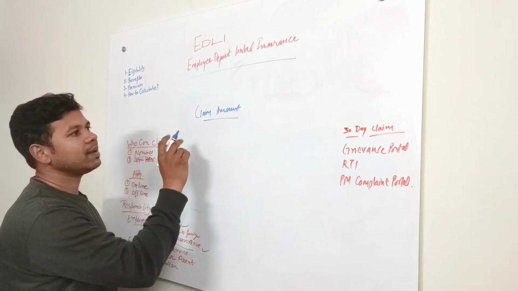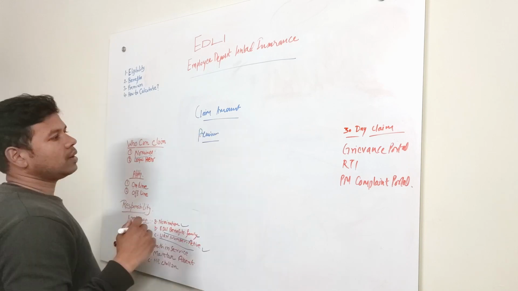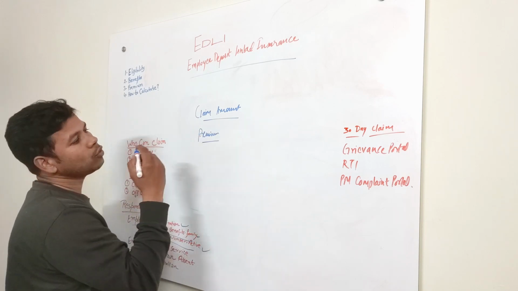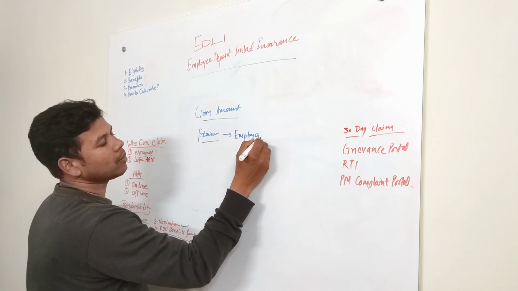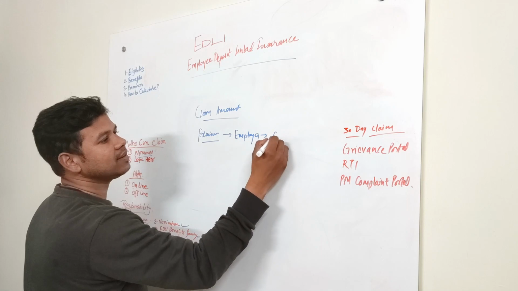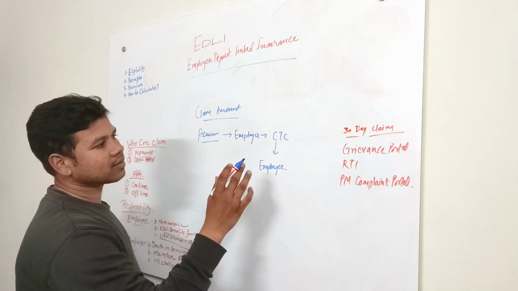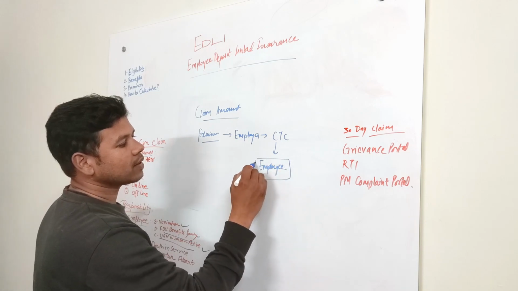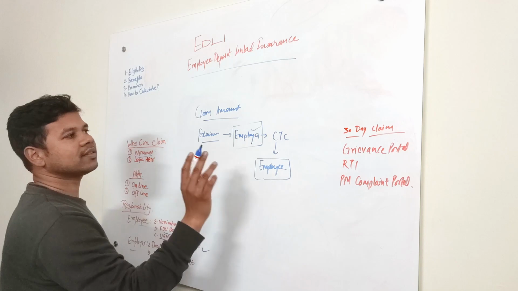Now, if there is a claim amount on death, then there must be a premium for it and somebody has to pay it. So who pays this premium? This premium is paid by the employer, but it is a part of the CTC of the employee. But the employee doesn't have to pay this individually. The employer pays it for the whole group itself.